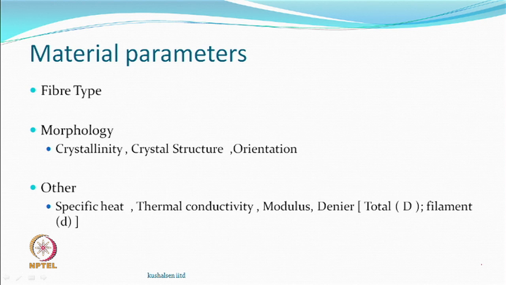So, crystallinity is one part, but within the crystallinity you may have different type of crystals present. So, different materials obviously respond differently, and then other properties, characteristics that you may be interested, specific heat, thermal conductivity, modulus of the material, the denier, total denier, and filament denier, which is individual filament denier, right.